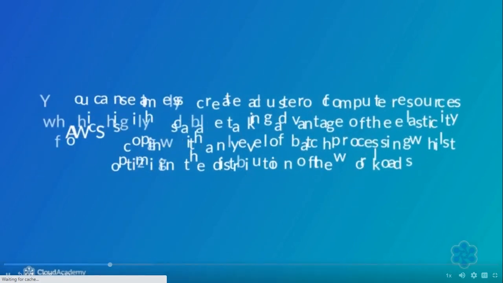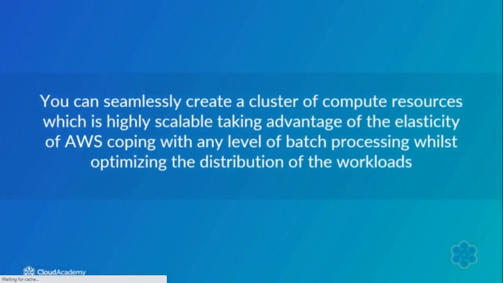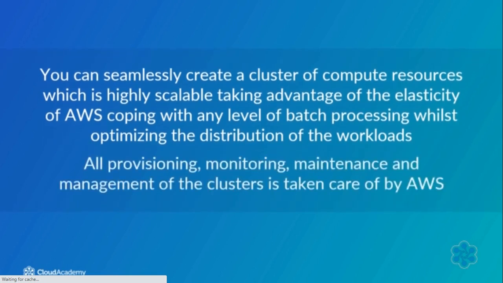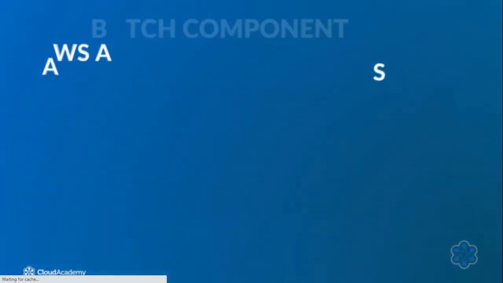You can seamlessly create a cluster of compute resources which is highly scalable, taking advantage of the elasticity of AWS, coping with any level of batch processing while optimizing the distribution of the workloads. All provisioning, monitoring, maintenance and management of the clusters themselves is taken care of by AWS, meaning there is no software to be installed by yourself.